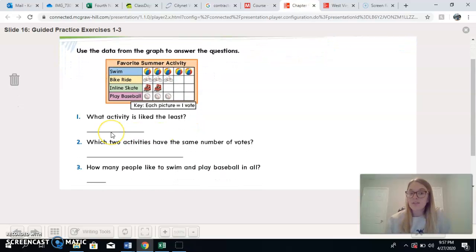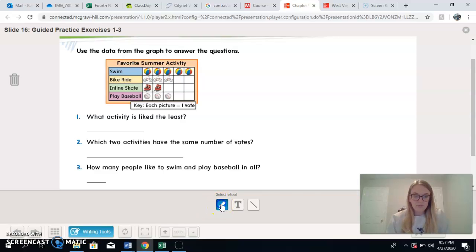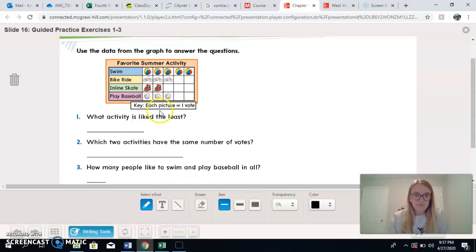So we could start with the first question, and it says, what activity is liked the least? Now again, let's see if I can get my writing tool. There we go. What activity is liked the least? Least would be the smallest number, right?